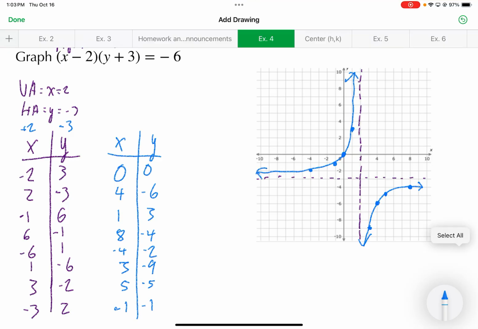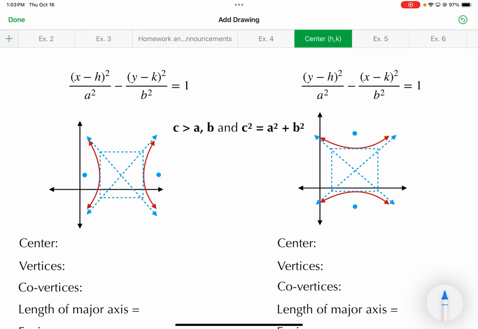Okay. So that leads us into what an ellipse may look like when we have a center that is something other than our origin. So let's talk about that. A couple things come into play with this, but obviously we are now introducing h and k. The same thing is true where if our term that has x in it is positive, that is going to make our major axis now not the x-axis, but parallel to the x-axis.